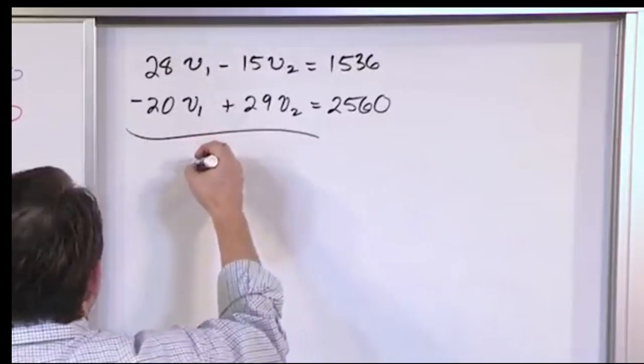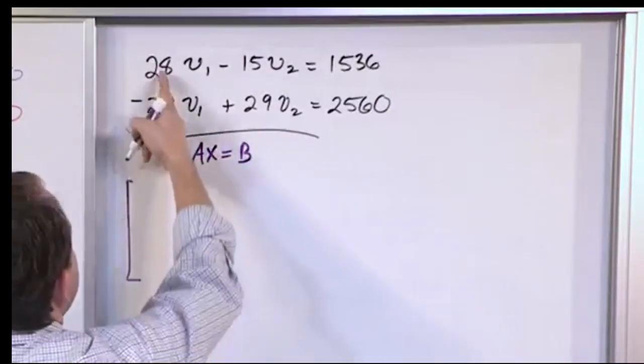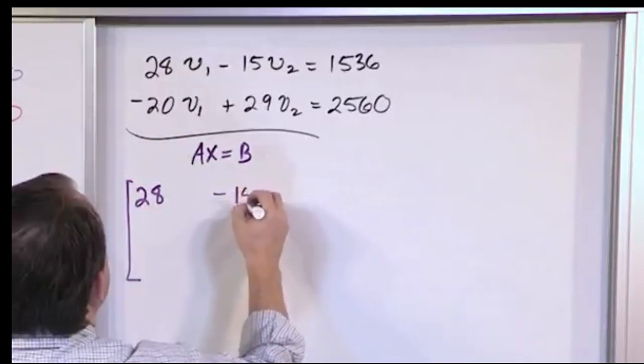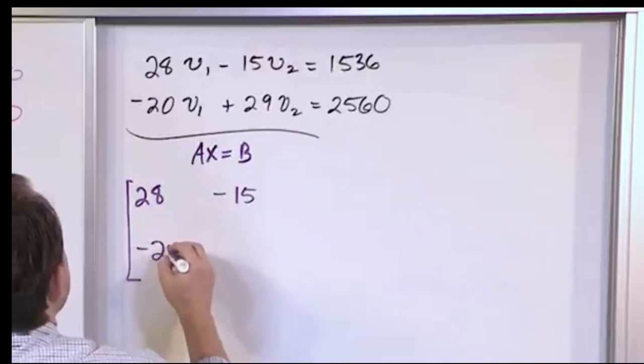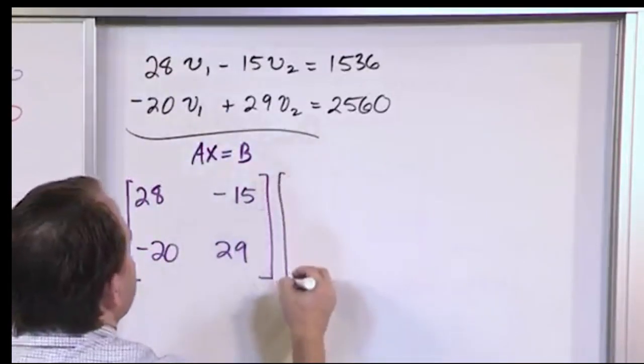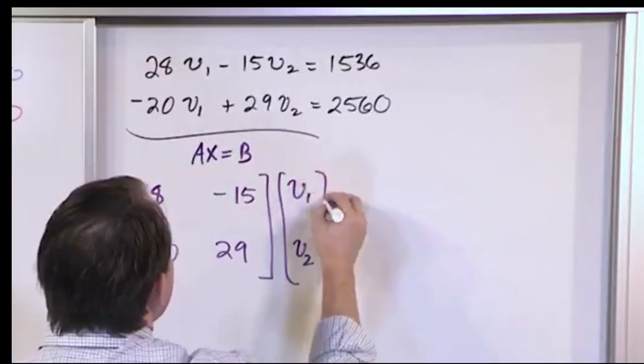we want to get down to AX is equal to B. Our A matrix is the coefficient matrix on the left-hand side, so we'll have 28, negative 15, negative 20, positive 29. Okay? Our X matrix, or our unknown matrix, is V1 and V2. That's what we're trying to solve for.